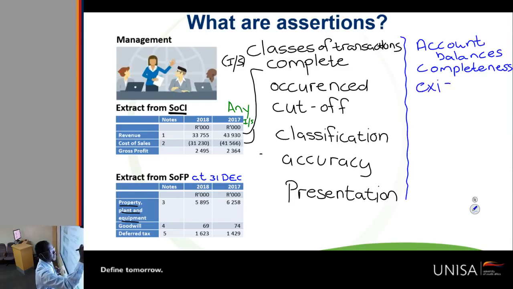Does the balance exist at year end? It's very different from our statement of comprehensive income, which is for the full financial year, starting in January and ending in December. So you'd want to know, did those transactions occur? Whereas with our statement of financial position, it is at a specific date, 31st of December as an example, so for the balances in there, you'd want to know whether they do in fact exist.